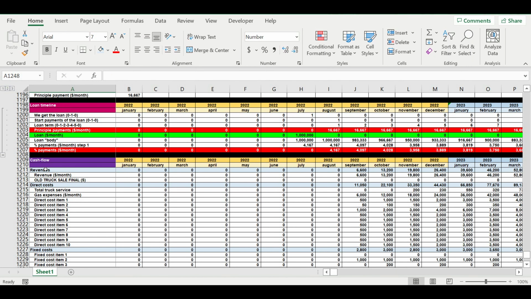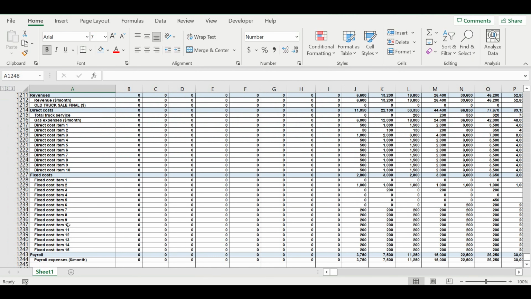So now we have revenues, direct costs, fixed costs, payroll.